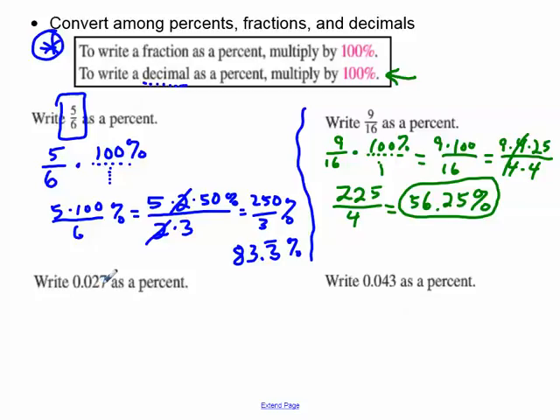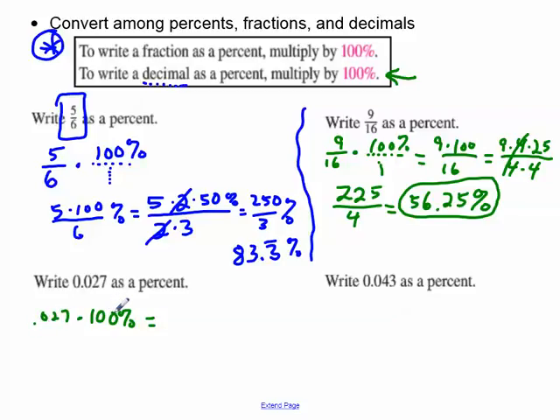All right, same idea down here. This is actually a little easier. I got 0.027 as a percent. To write a decimal as a percent, multiply by 100%. 0.027 times 100 equals, well, I know that when I multiply by 10, I move my decimal place to the right one.